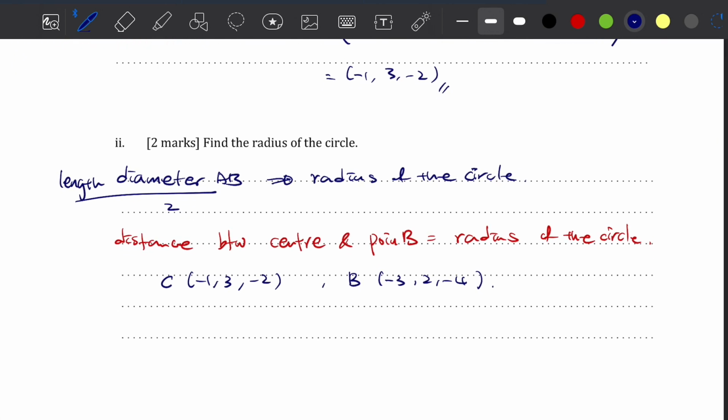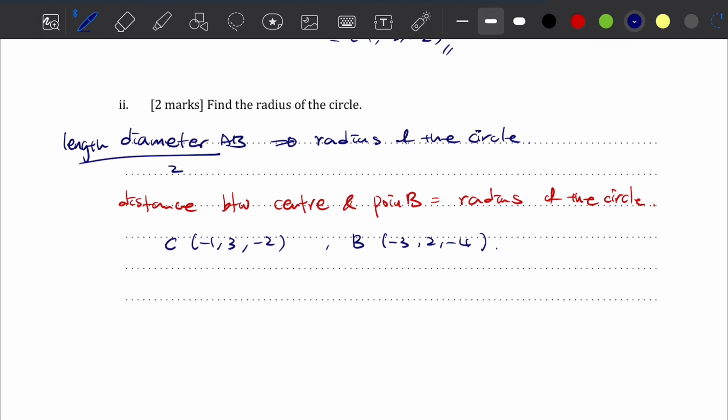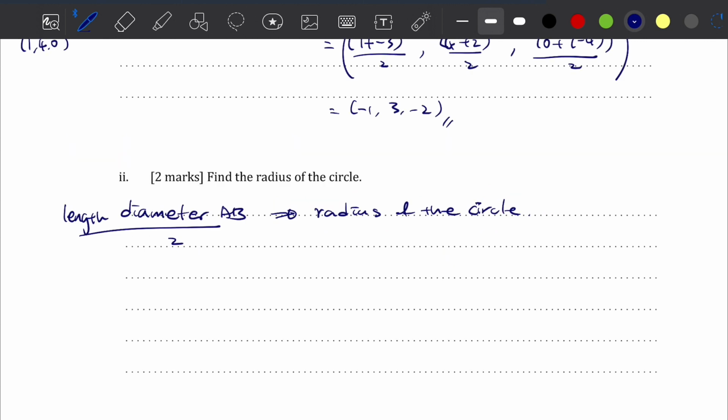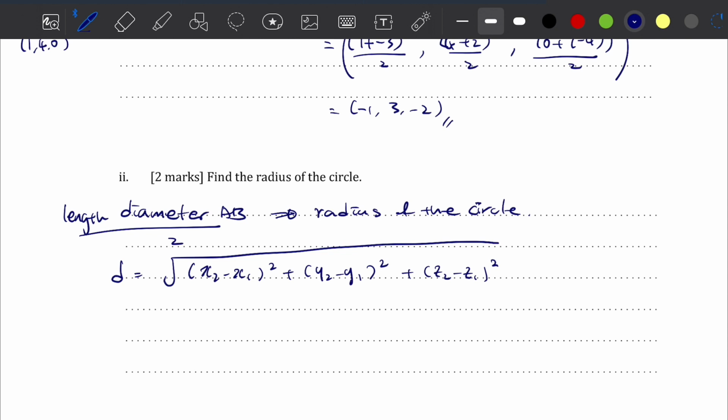Using this information, we use the distance formula, where we need to do x2 minus x1 squared plus y2 minus y1 squared plus z2 minus z1 squared, and the square root to calculate the distance.